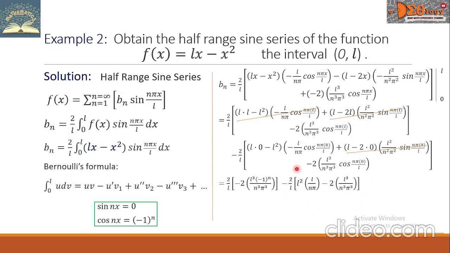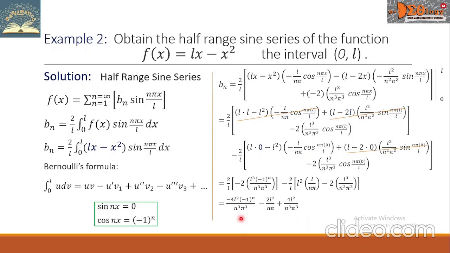In this second group, we're going to distribute this -2 over L to each of the terms of the group. And then we will simplify by cancelling this L in the denominator to the L in the numerator respectively. So we have now these three fractions.